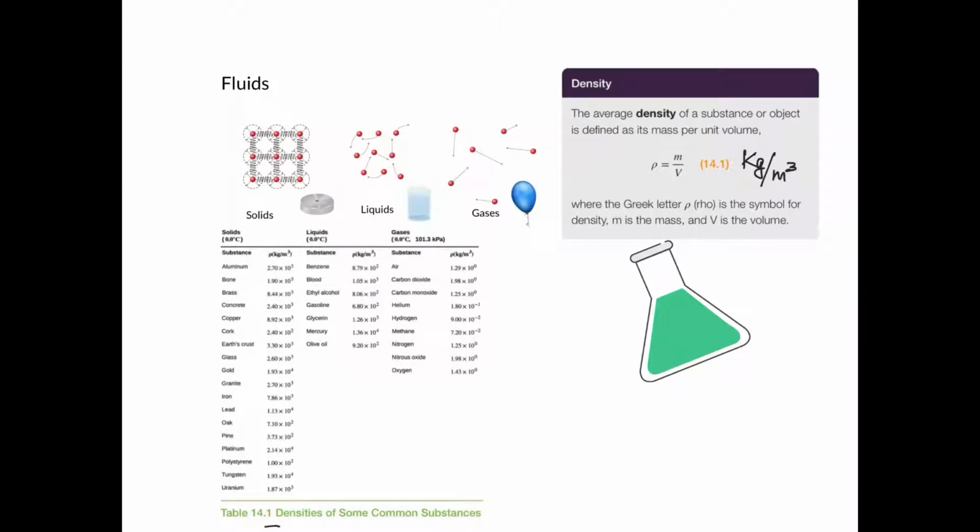Now, while we talk about density, we should also remember that there is another quantity called specific gravity or relative density. Specific gravity is nothing but the density of the substance divided by the density of water.